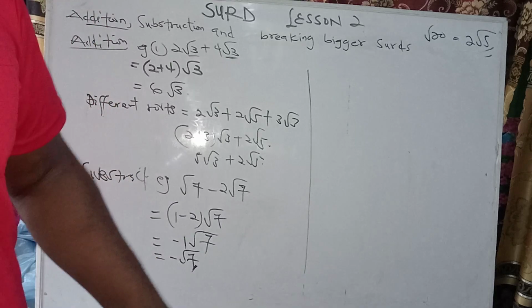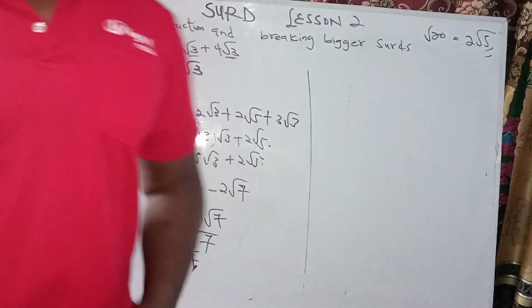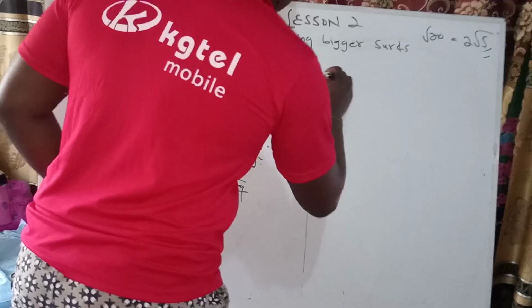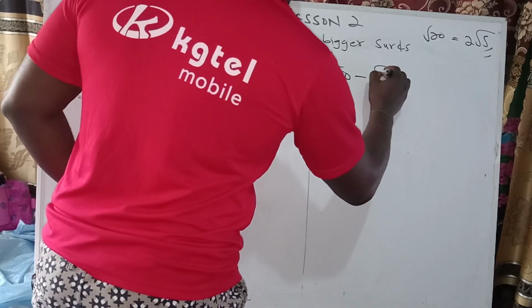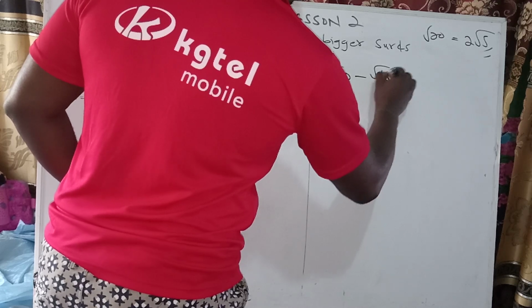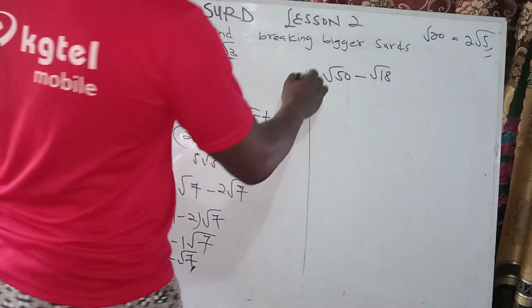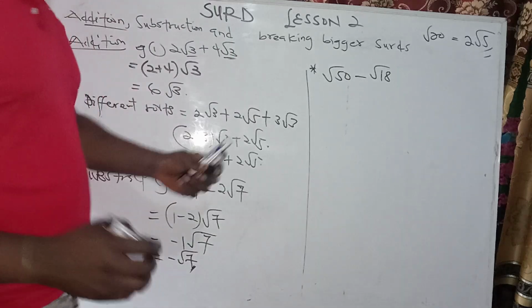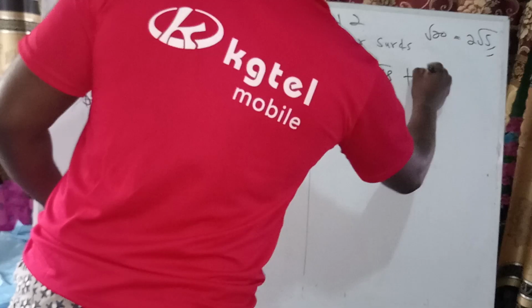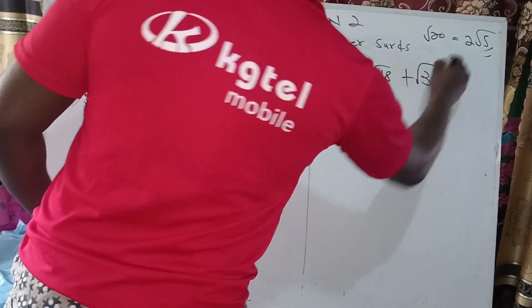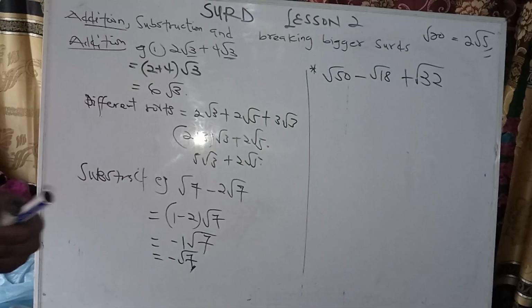So let us take a question. When we have root 50 minus root 18, let me add plus root 32. You see, this is a bigger set.